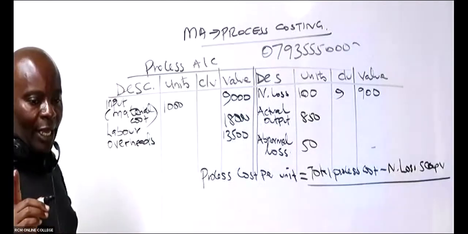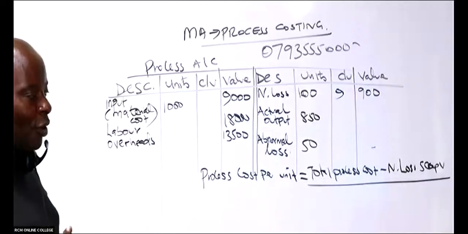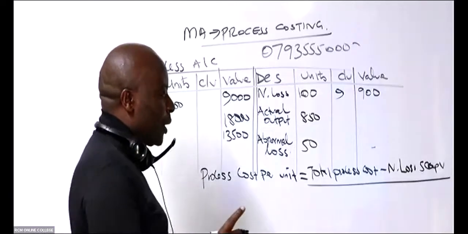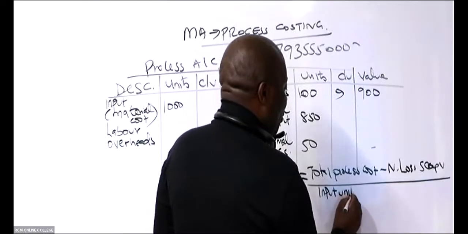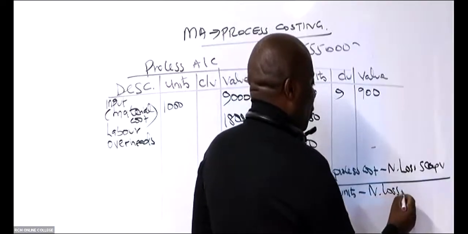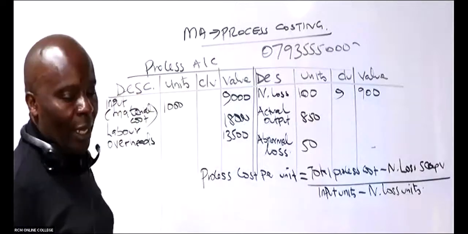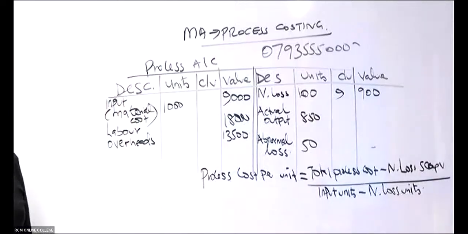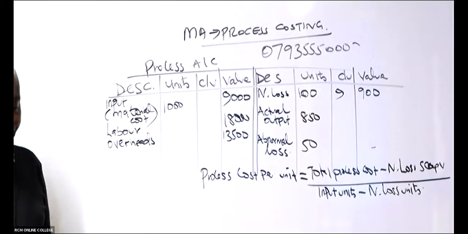Please listen, I'm bringing in something new because now we are becoming professionals. Divided by input units minus normal loss units. This is the formula we shall be using consistently, especially now that we are going to what we call work in progress.